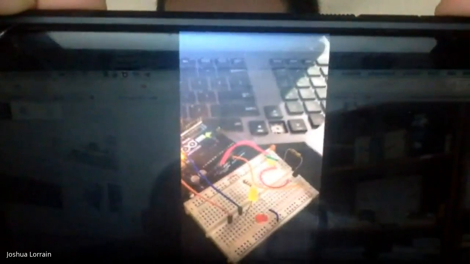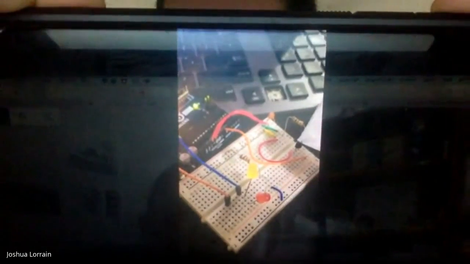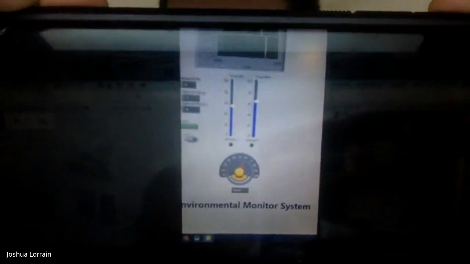And then hold a big ice cube here. We're going to hold it right up, touching the sensor. See how the temperature's already dropping. We'll monitor it here.